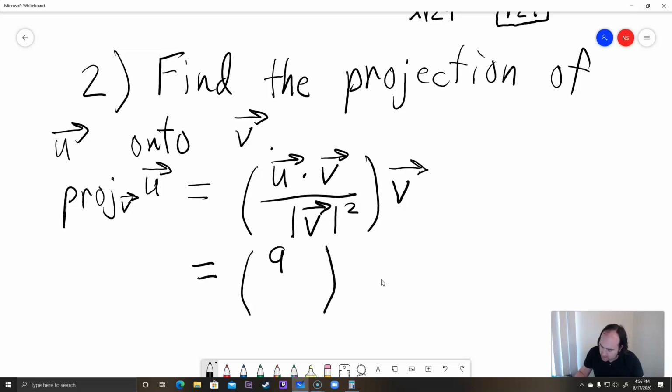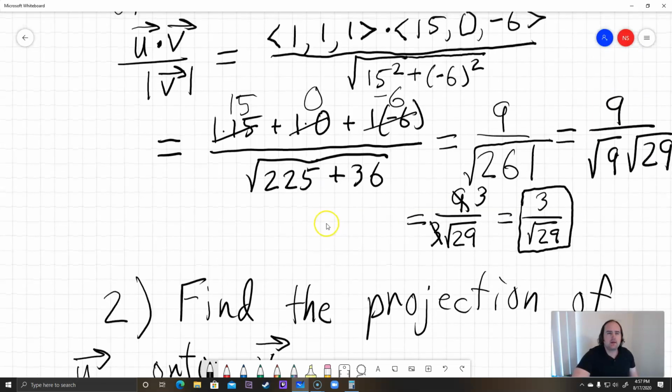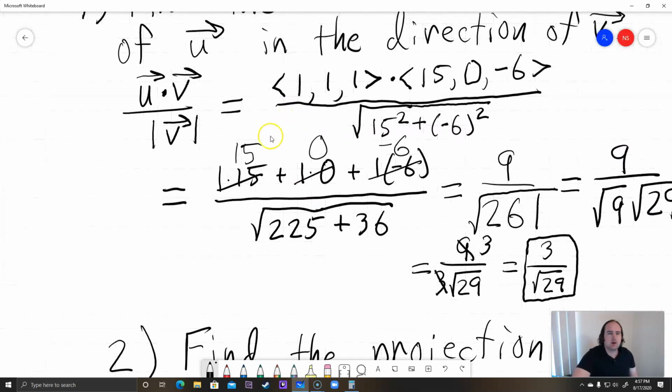And then for our denominator, we have the length of v squared. But remember, we already did the length of v in part 1 of this example. So the length of v was the square root of 15 squared plus the quantity negative 6 squared, which ended up being the square root of 225 plus 36, which is the square root of 261, and that simplified to 3 root 29.